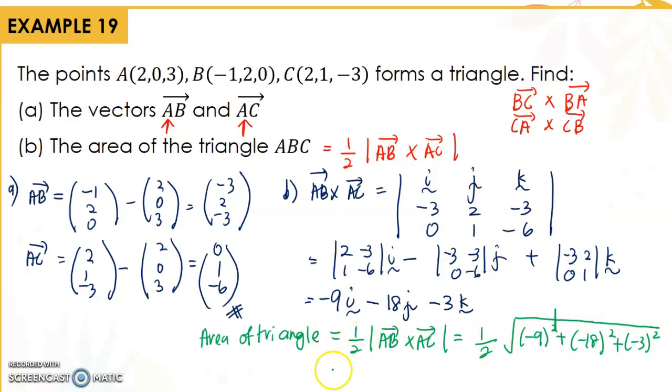And then we get 1 over 2 times 3 root 46, or we can write it as 3 over 2 root 46. This is equivalent to 10.173 unit squared.